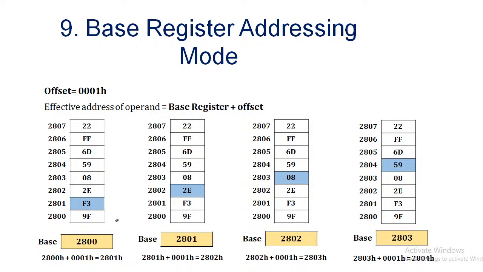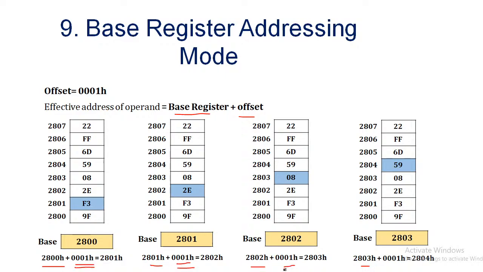In the previous case, 2800 was fixed, right? So the base register content plus the offset we will be using this time, and the base value is not fixed here. Previously the base value was fixed, but here the base value is changing, and the offset part is fixed.